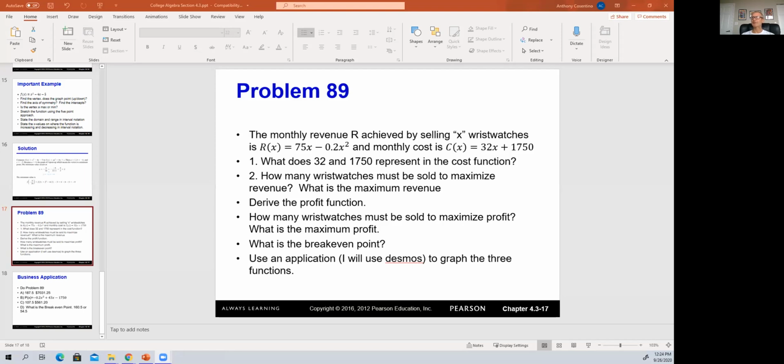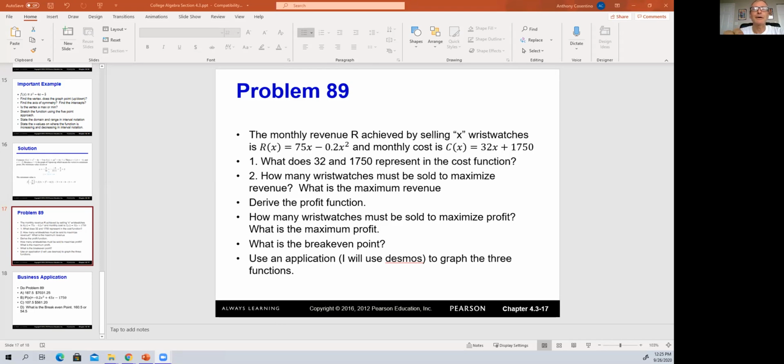And this one states, now the monthly revenue R with selling wristwatches is defined by the equation 75x minus 0.2x squared. And the monthly cost is defined by 32x plus 1750.